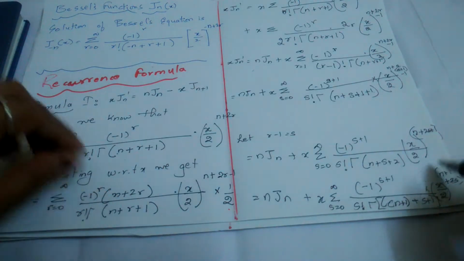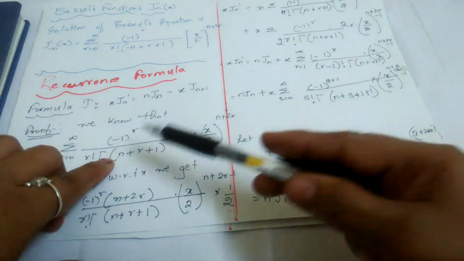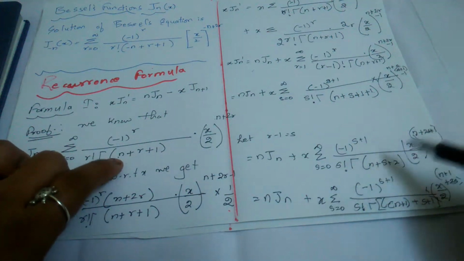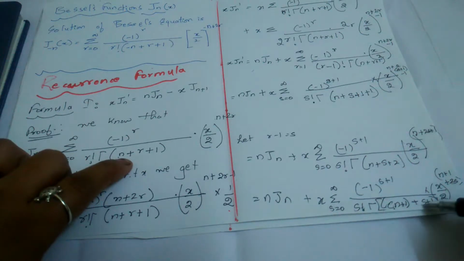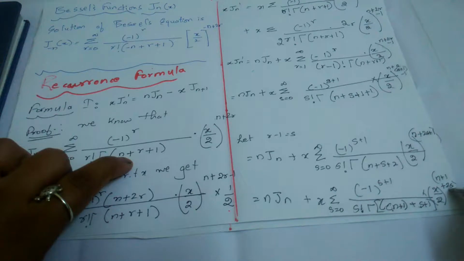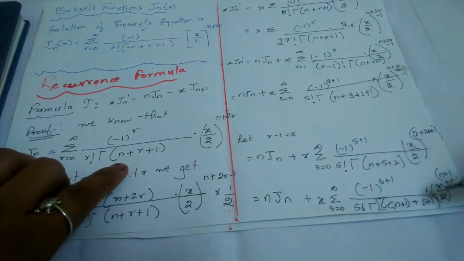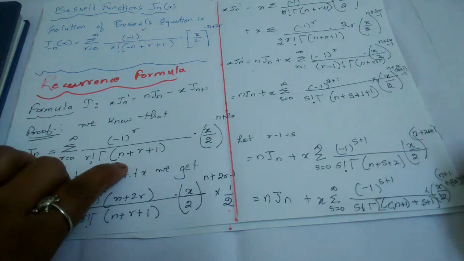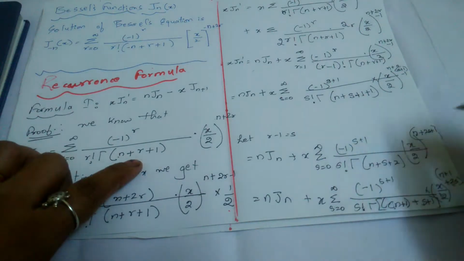So as a result, if you compare this equation with this, you will get n plus 1 here, s plus 1, and here also n plus 1 plus 2s. So this equation is the same as this equation, only the values are n plus 1 and n plus 1 and 2s, same way.